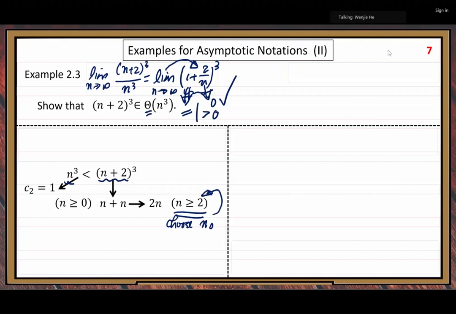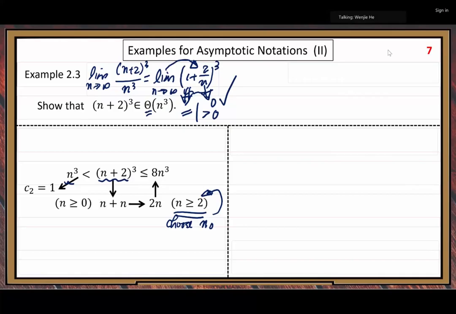We have that freedom, and here we use it. After that, we raise the base to the third power on both sides, so we get the f function less than or equal to 8 times n cubed.